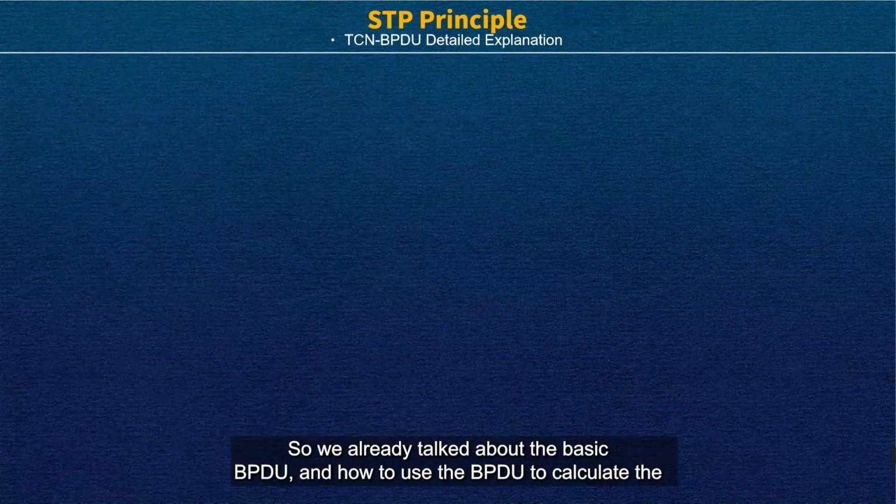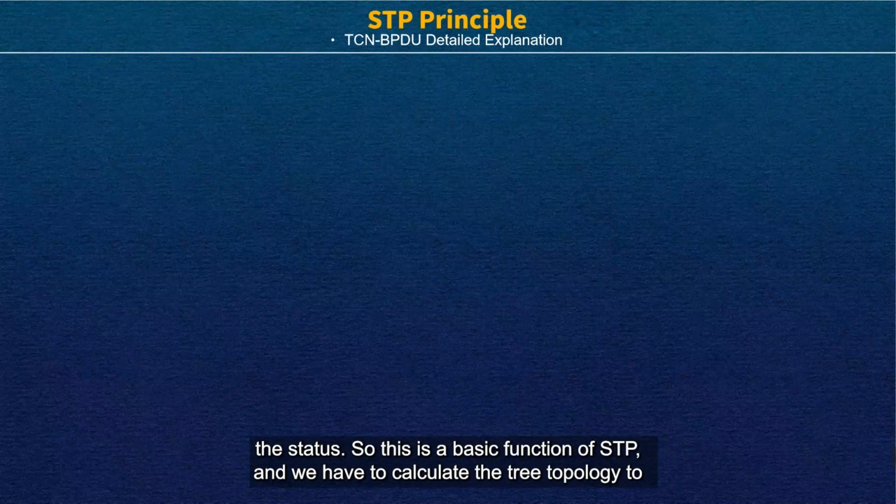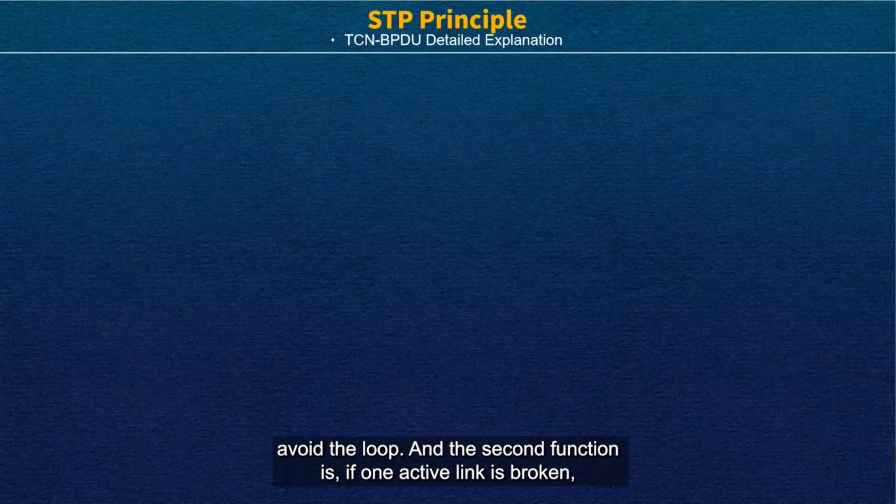So we already talked about the basic BPDU and how to use the BPDU to calculate the topology and how to select the role of each switch and the role of each interface, and finally what the status is. So this is the basic function of STP, and we have to calculate the tree topology to avoid the loop.